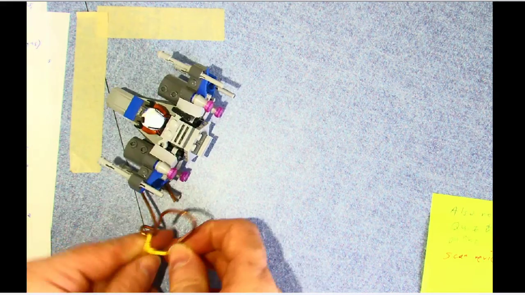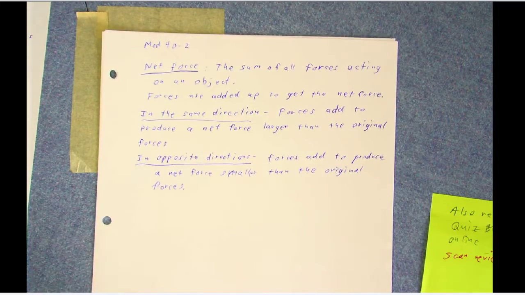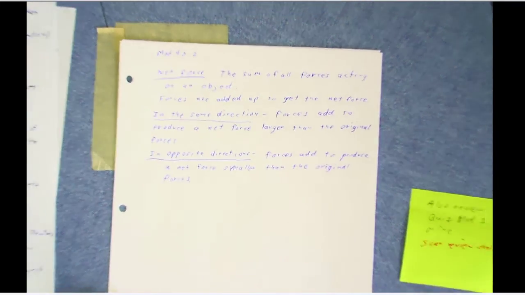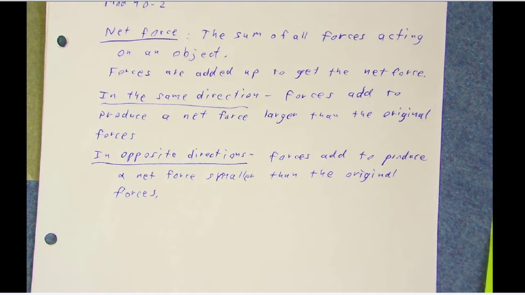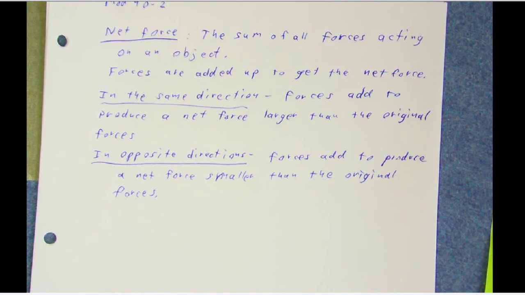So forces can add up depending on the direction they're going. We're going to be looking at very simple forces. We're just going to be looking at forces in the same direction or in opposite directions. But in engineering classes, you can get into really complicated directions of forces.